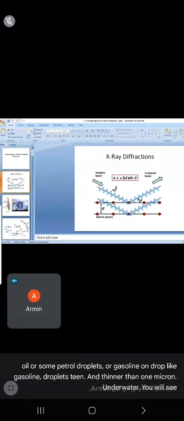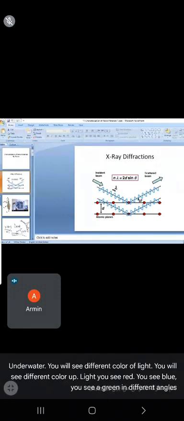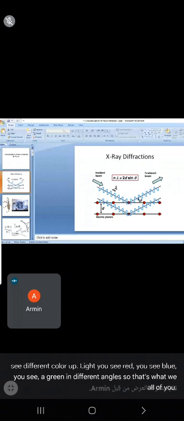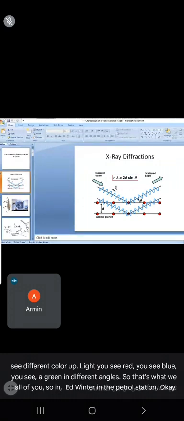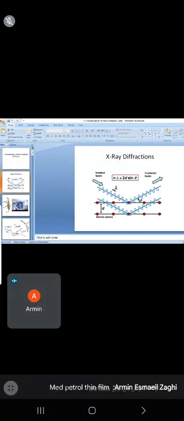You will see different colors of light: red, blue, and green at different angles. That's what all of you saw in winter at the petrol station. It is called petrol thin film interference.